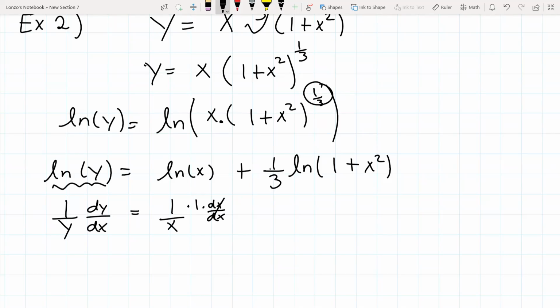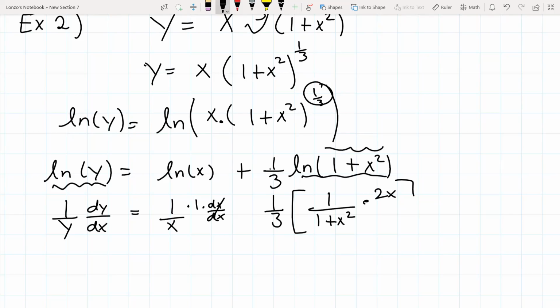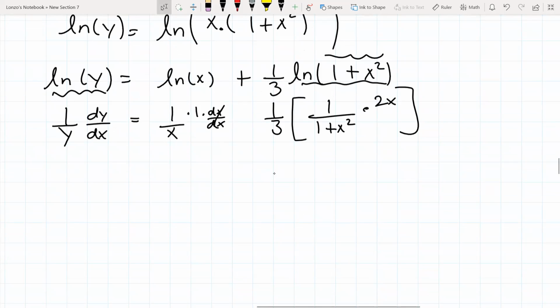The derivative of 1/3 ln of 1 plus x squared: 1/3 is a constant. The derivative of the ln is going to be 1 over 1 plus x squared times the derivative inside of this. The derivative of 1 is 0. The derivative of x squared is 2x. So you clean this up.